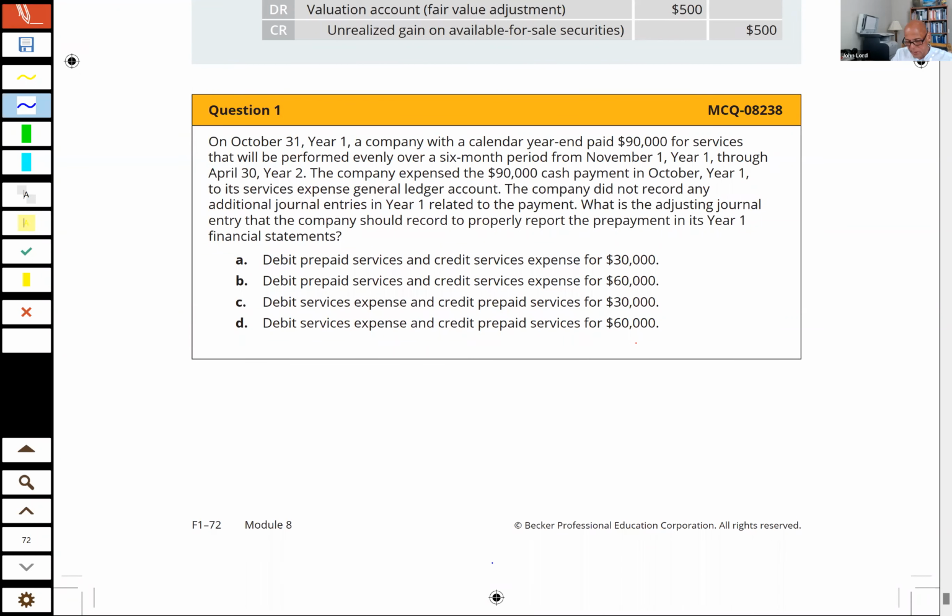I don't like T accounts so much because a lot of times the question's asking you what is the correct balance that should be in an account, and T accounts aren't good for that. T accounts are better for just visualizing these kind of questions where you're having to make an adjustment. Okay, but let's go ahead and practice with this.